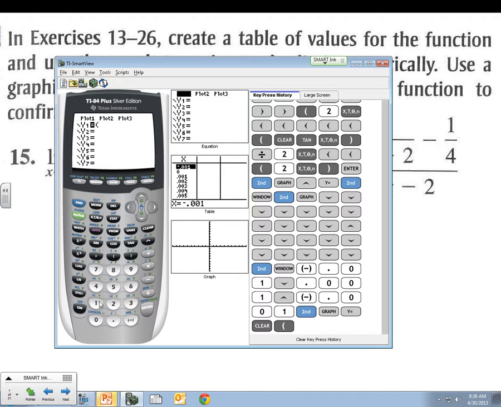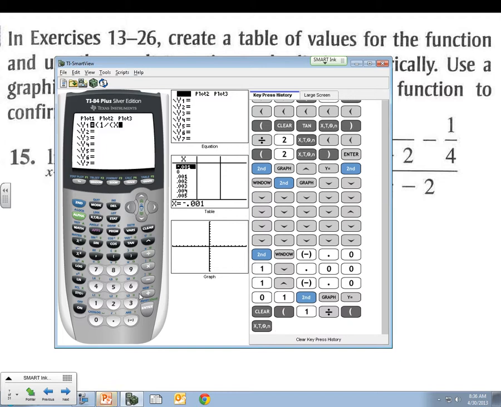1 divided by new parentheses, x plus 2. Close my parentheses. Actually, do I need an extra one? Yep. Let me back all the way up.